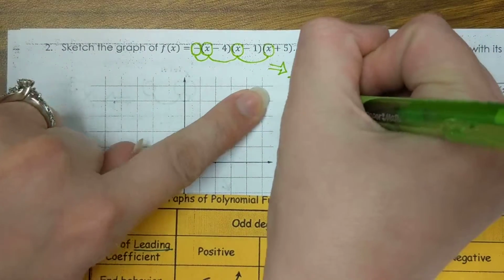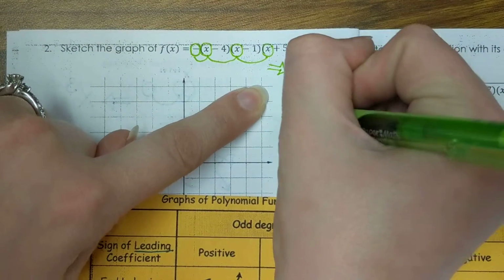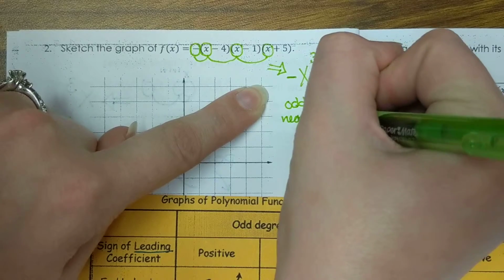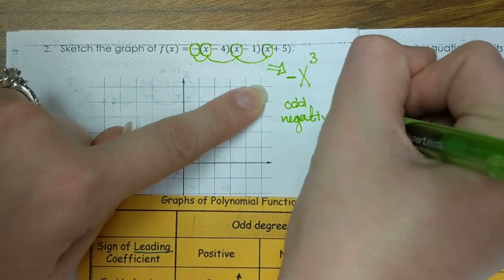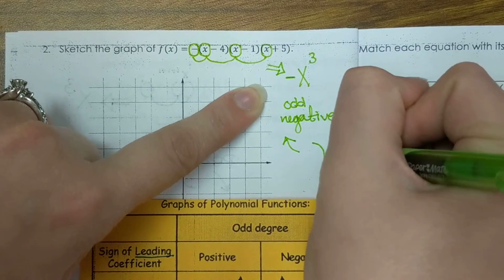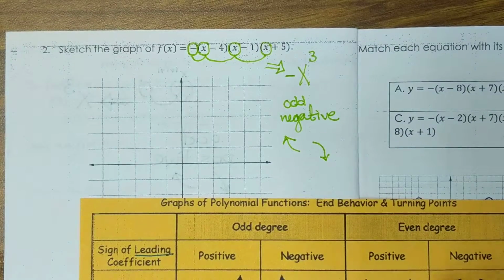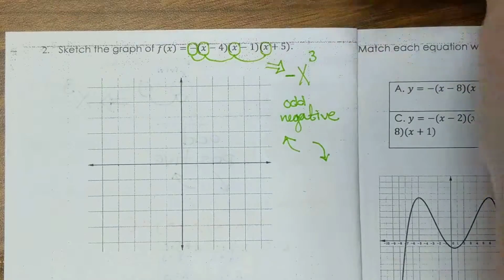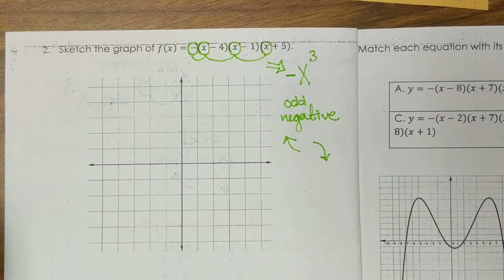So again, we had odd and negative. So that means it's going to rise left, fall right. Okay, so that's the first thing we have to do.